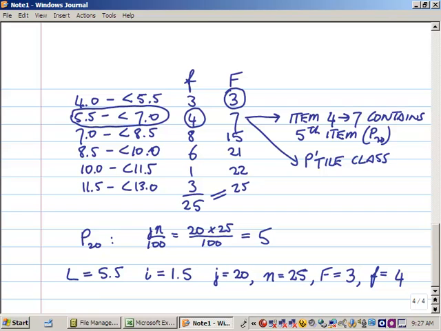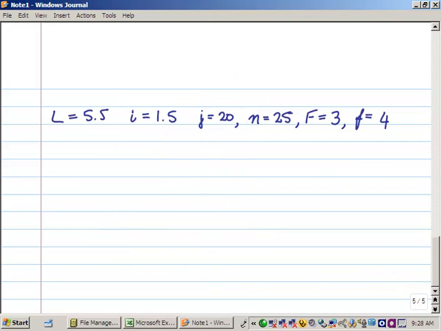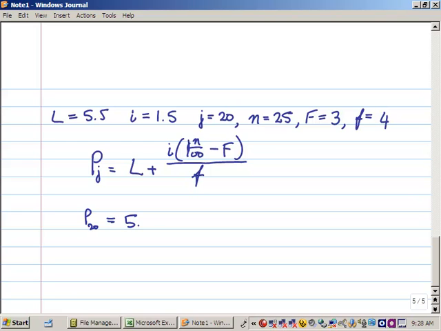Given that information, we can then put it into our formula. The formula for the percentile Pj is equal to L plus I times Jn on 100 minus capital F, divided by little f. So P20 is equal to L, 5.5, plus I, 1.5, times Jn on 100, which we've already calculated, that was the 5th item, minus capital F, 3 items below the percentile class, divided by little f, the number of items in the percentile class, that's 4.